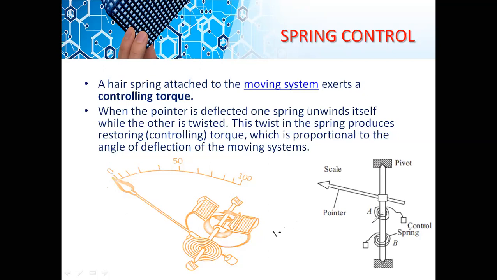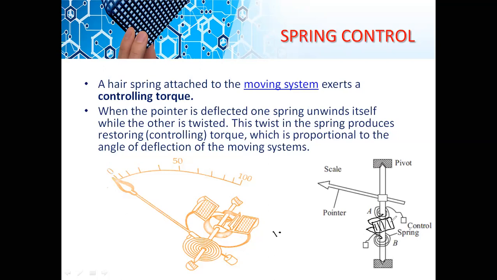Suppose in this spindle we have a coil. The coil will have two ends. One end is connected to spring A, and another end is connected to spring B. So the coil will be moving.